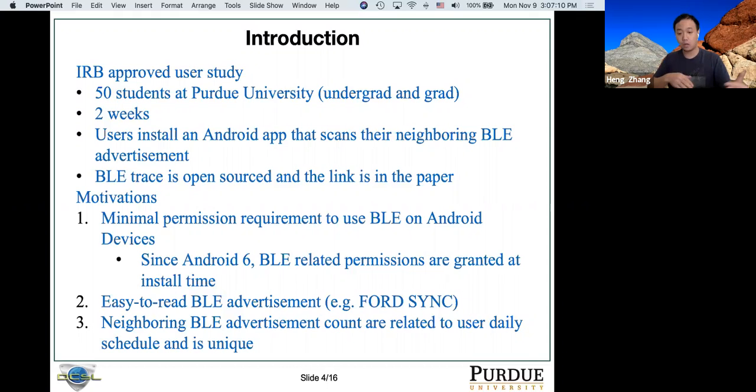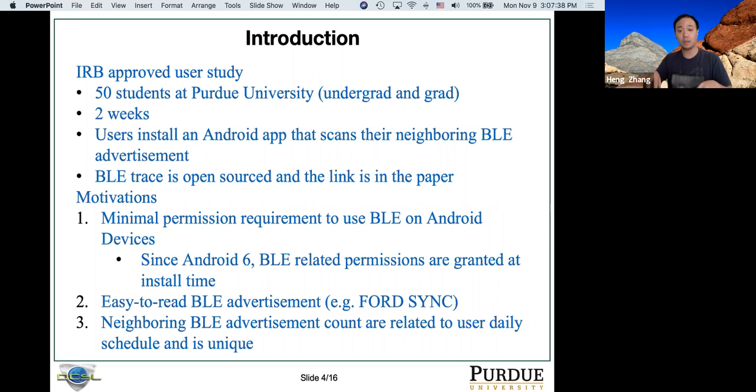And the third motivation is the neighboring BLE count. When you open your phone and open your BLE page, you will notice that there are a lot of devices around you, a lot of different BLE signals around you. And actually the number of neighboring BLE signals may be related or coherent to your daily schedule. Think of a very simple scenario. When you wake up and go to work, in your workplace the neighboring BLE signal is pretty much stable.